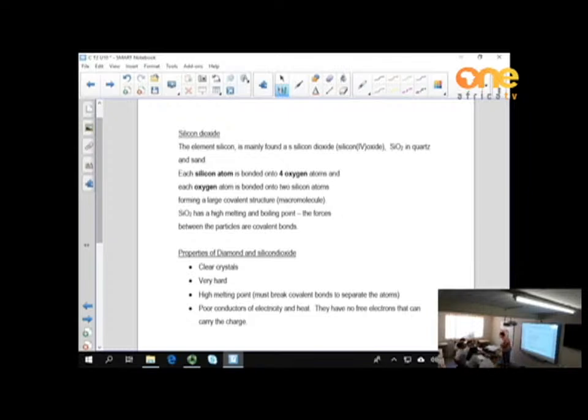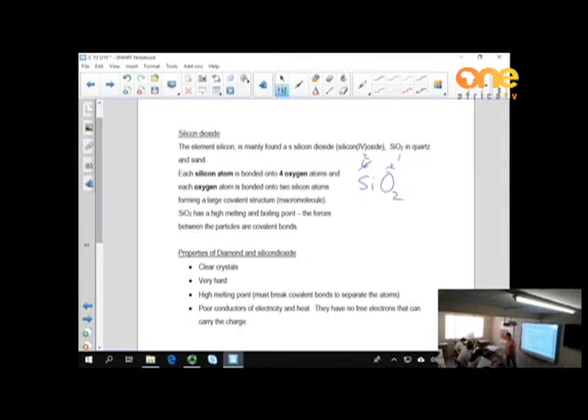It is silicon 4 oxide. What does the 4 refer to? Where would you find silicon? Below carbon, how many bonding places? 4. Alright? So, yes, in its simplest form, 2 to 1.